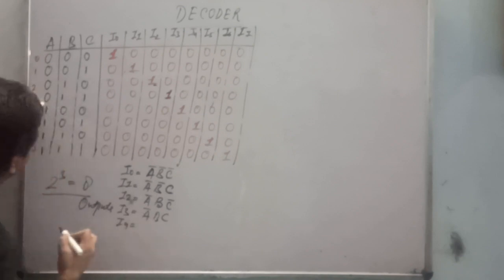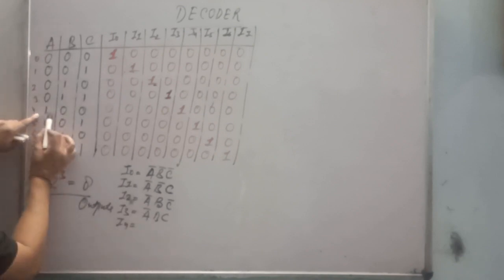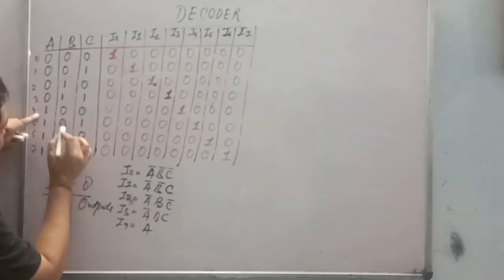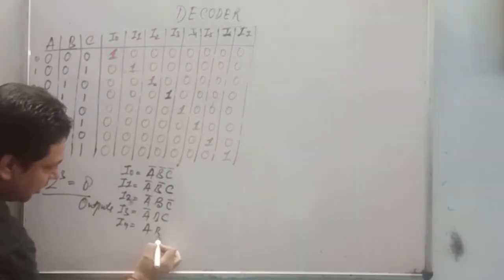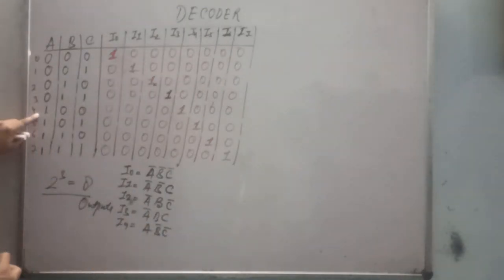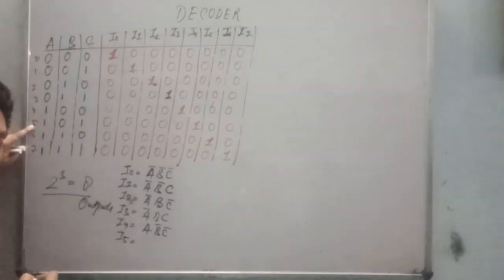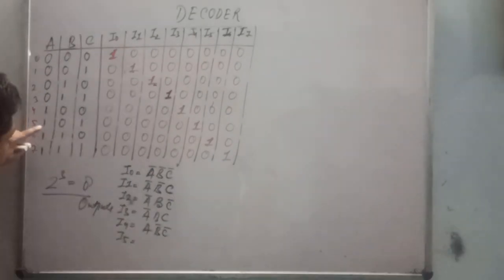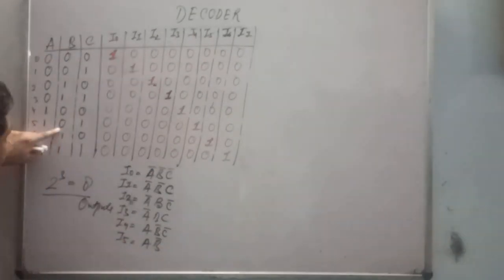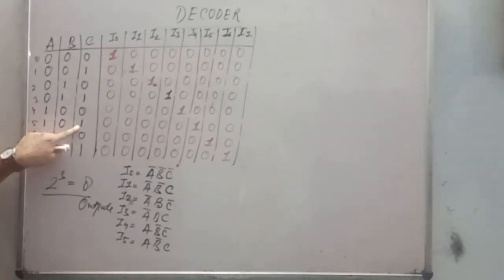Now what about I4? For I4, 1, 0, 0. So A, B complement and C complement. Understand? Now what about I5? For I5, A, B complement and C. Understand?